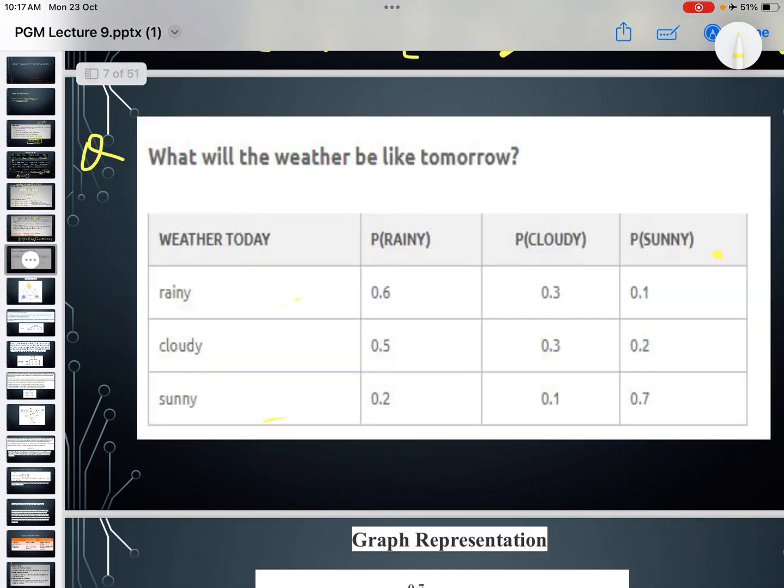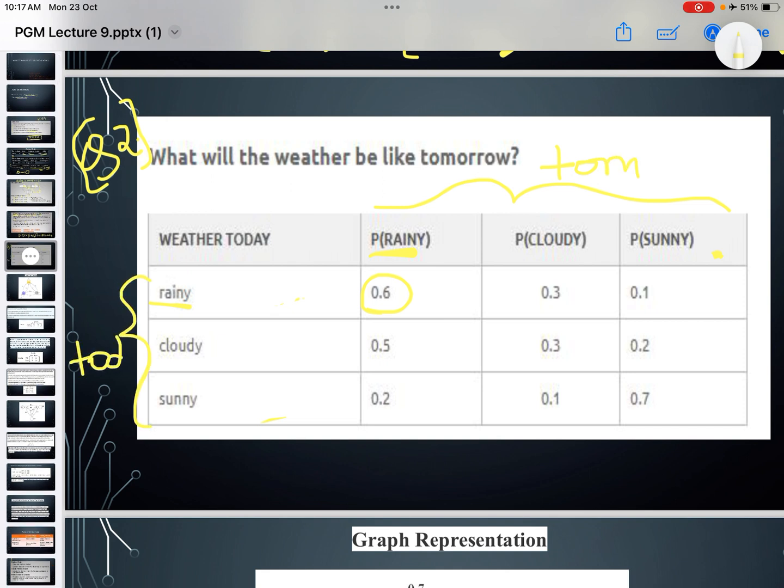The first question was your sunny question. Question number 2: what will the weather be like tomorrow? If it is rainy today, tomorrow also rainy, the probability is 0.6. This part is for your tomorrow and this is for your today. Rainy today, tomorrow cloudy, 0.3.